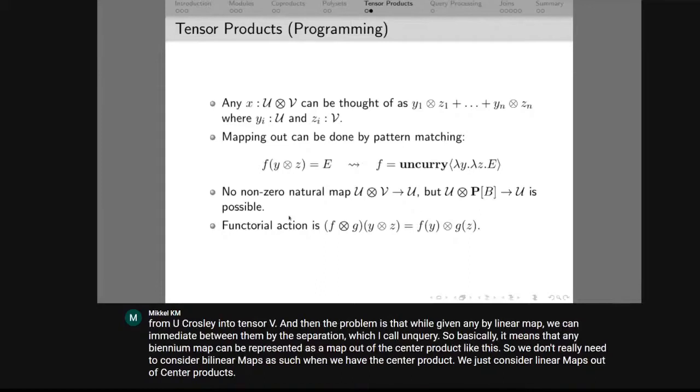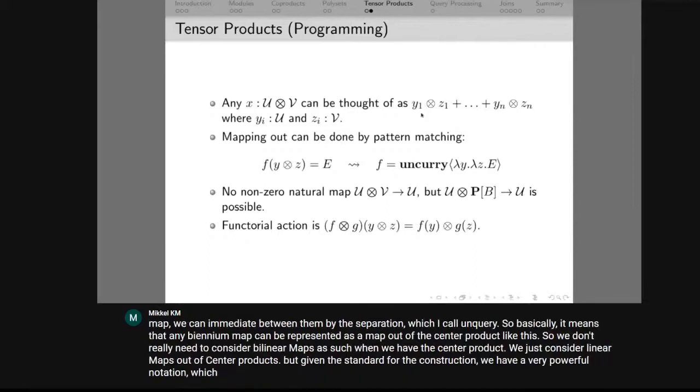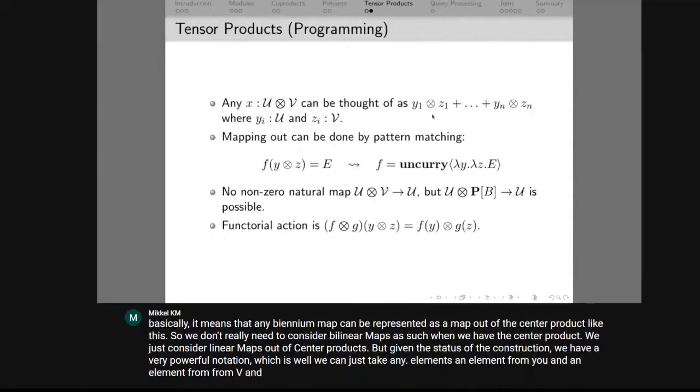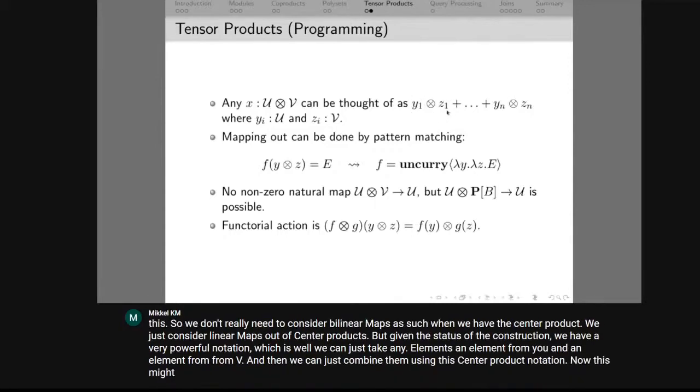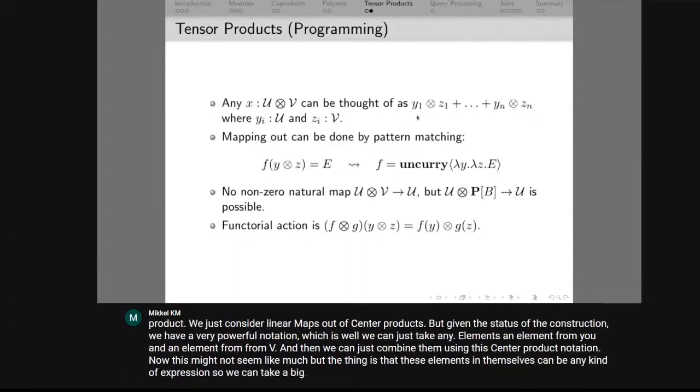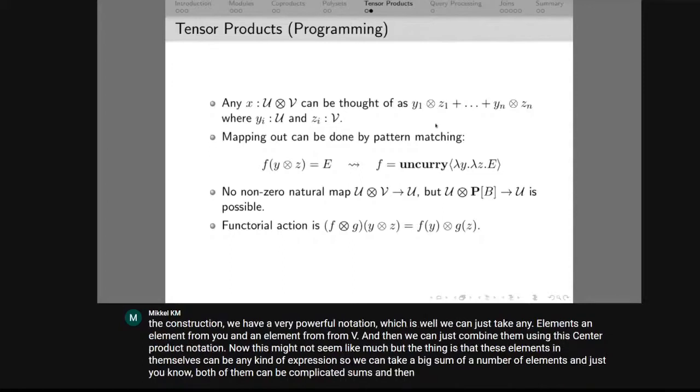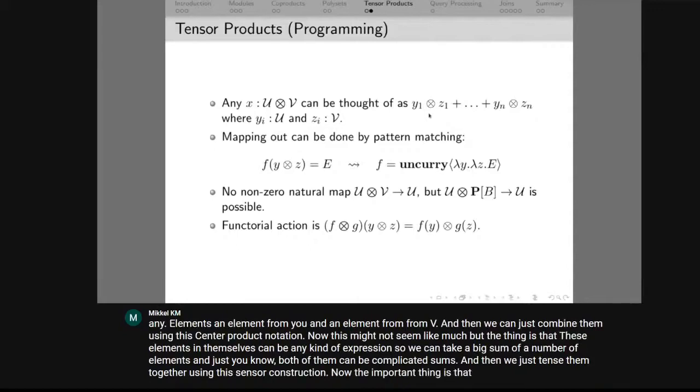But given this tensor product construction, we have a very powerful notation, which is that we can take an element from U and an element from V, and then combine them using this tensor product notation. Now, this might not seem like much, but the thing is that these elements in themselves can be any kind of expression. So we can take a big sum of a number of elements, and both of them can be complicated sums, and then we just tensor them together using this tensor constructor. Now, the important thing is that we don't multiply out.